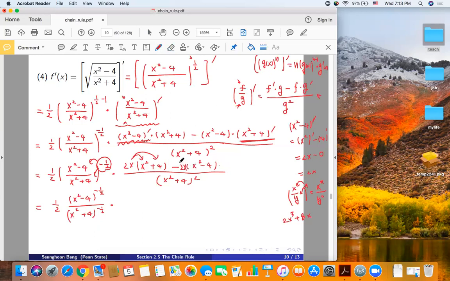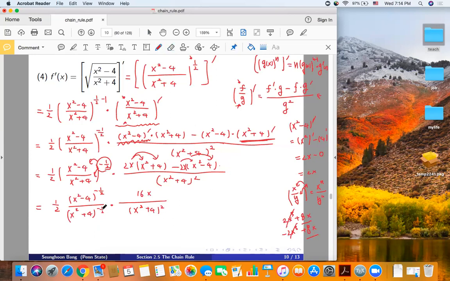So you can distribute negative 2x to the x squared, so exactly negative 2x cubed. Negative 2x times negative 4 is positive 8x. So what happens? 2x cubed cancels. 8x plus 8x is 16x. So we have 16x over x squared plus 4 squared.